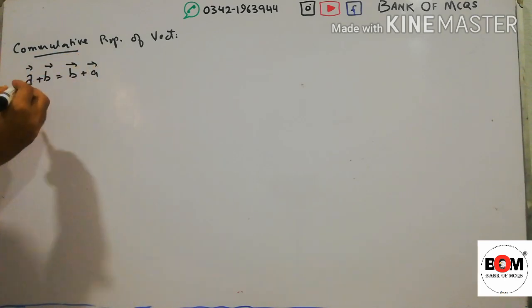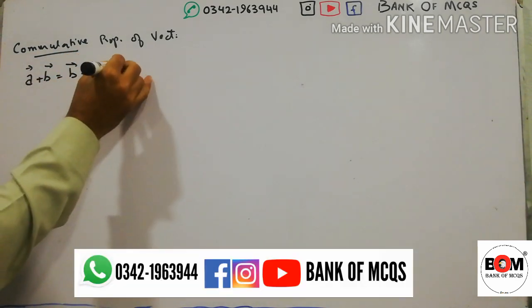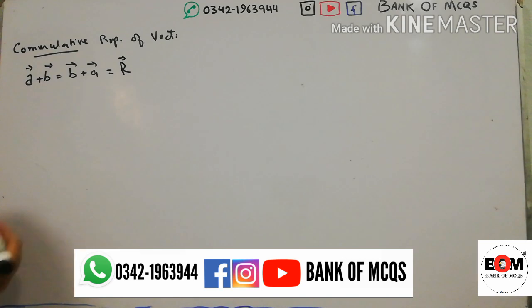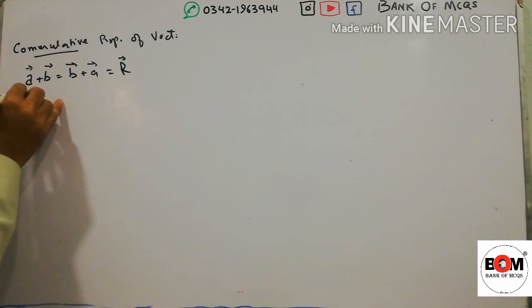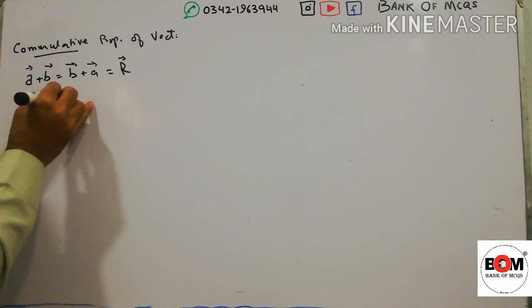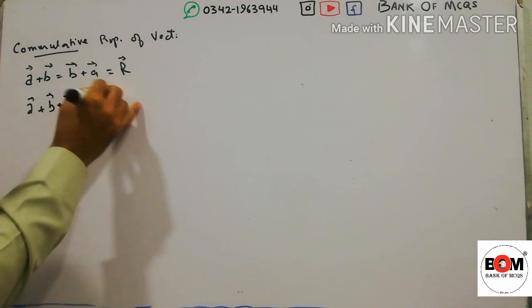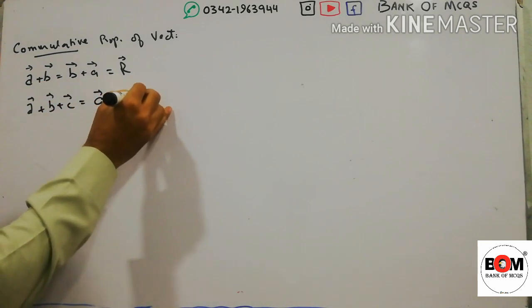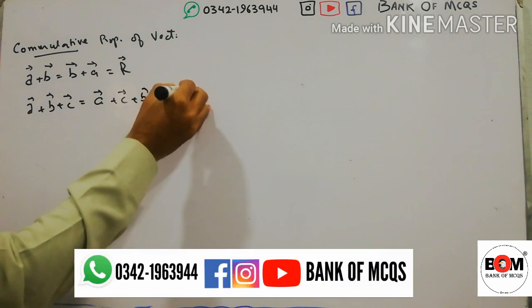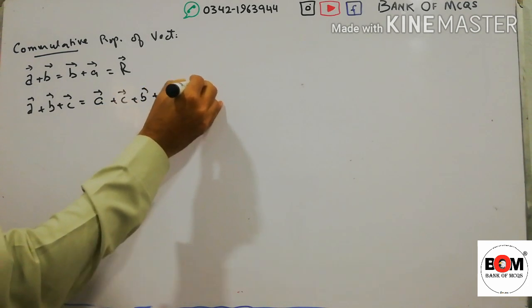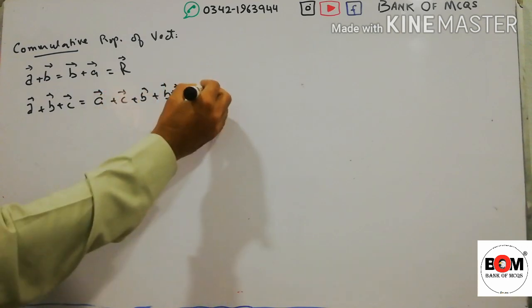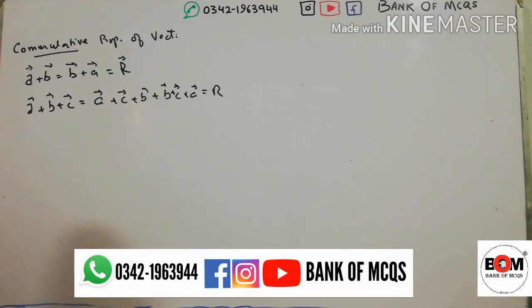Either you add a with b or b with a, the resultant will be the same. Or we can also say that if a, b and c are three vectors, and you add them in any way, like abc or acb or bca or any other way, the resultant in all cases will be the same. So this is called the commutative property of vectors.